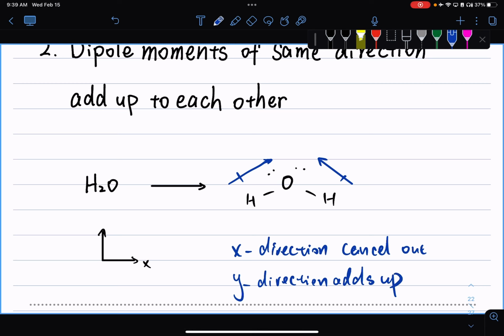So it turns out to be a molecular dipole just along the y direction. And whenever your molecule has a molecular dipole, or we expect it to have a molecular dipole, we call that molecule a polar molecule. So that's why we always say water is a polar molecule, and carbon dioxide is not a polar molecule.